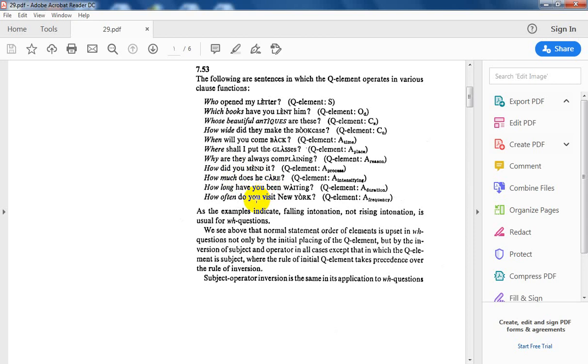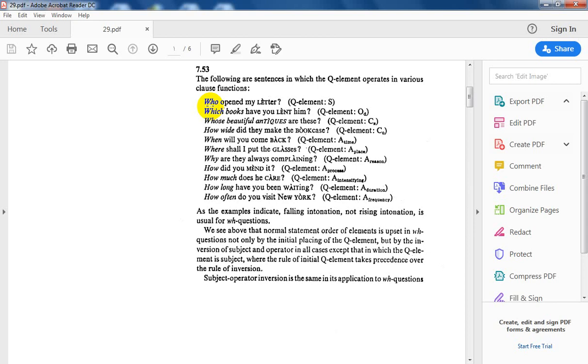Except if you have the WH Q element, like who, asking for the subject, in which the Q element is the subject, where the rule of initial Q element takes precedence over the rule of inversion.